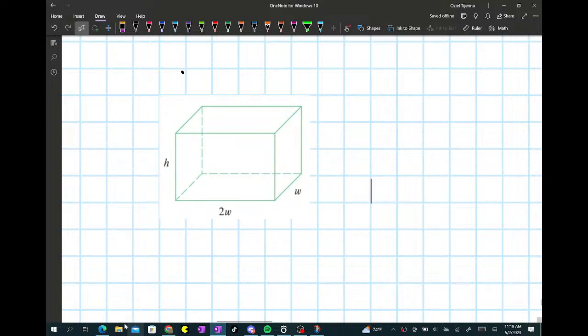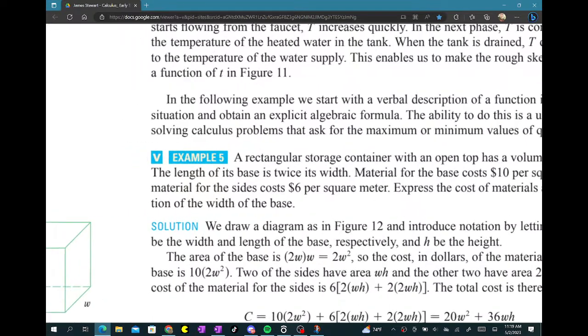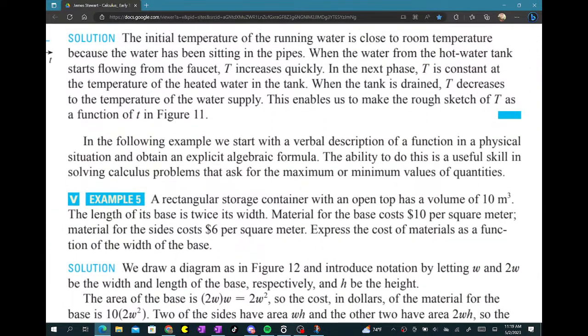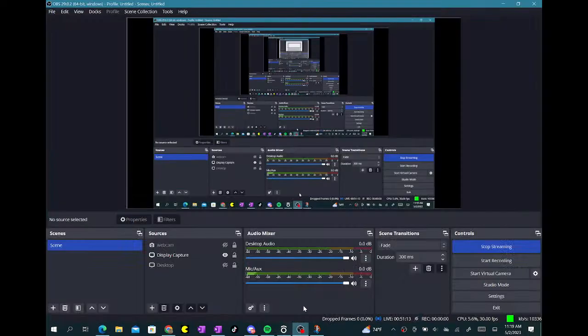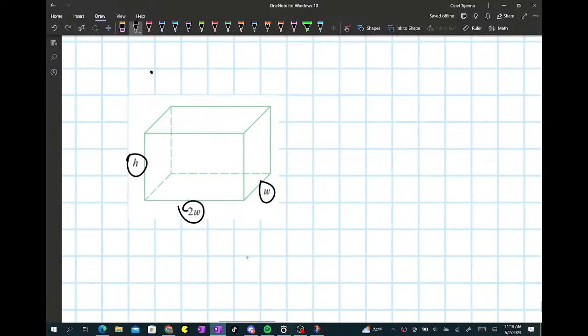Let's read it again. Material for the base costs $10 per square meter. So we're going to multiply these three things. The volume of a rectangular prism is length times width times height.